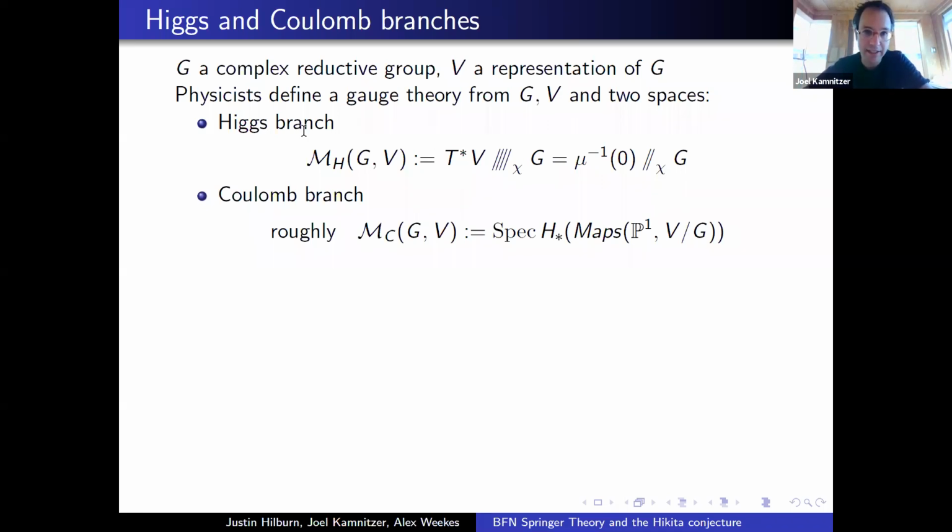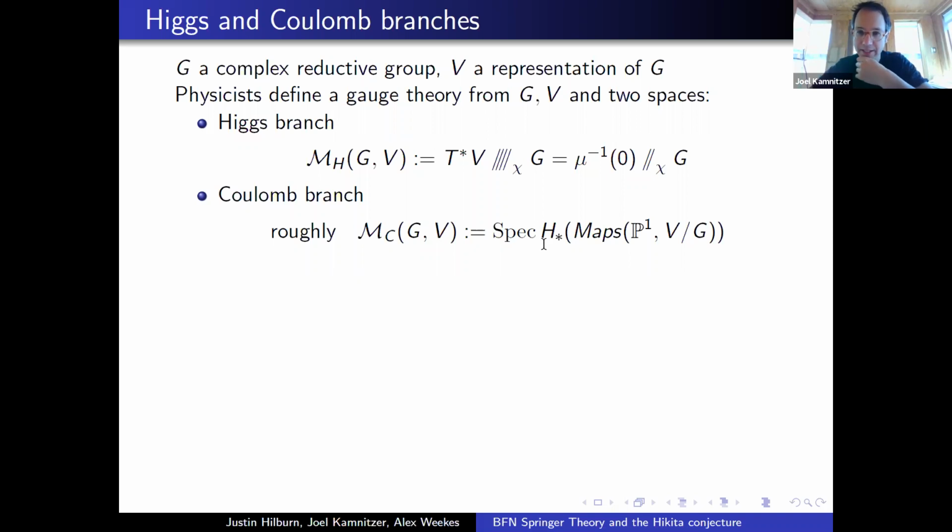And then physicists have a second, more mysterious construction called the Coulomb branch, which has also recently been given a precise mathematical definition in the work of Braverman, Finkelberg and Nakajima. I will explain more about that soon, but let me give you a rough definition. Roughly, we start by producing a certain algebra and then take Spec of the algebra. If we have an algebra, we take Spec, that produces an affine variety.